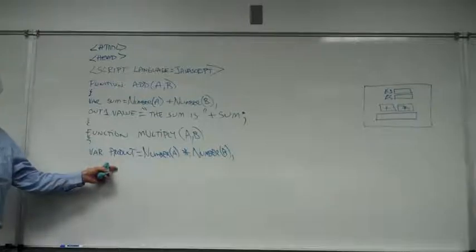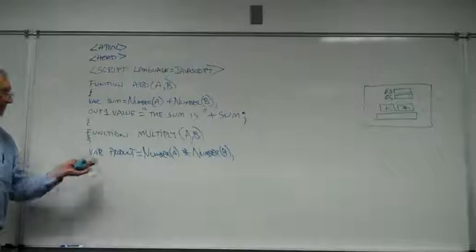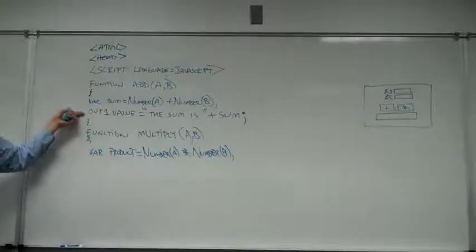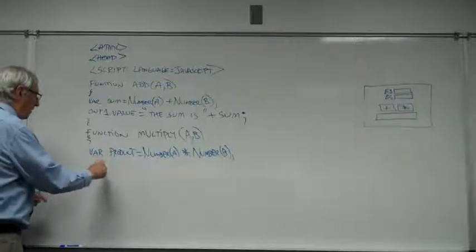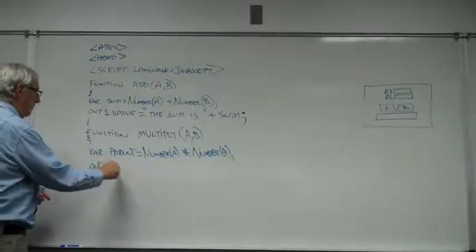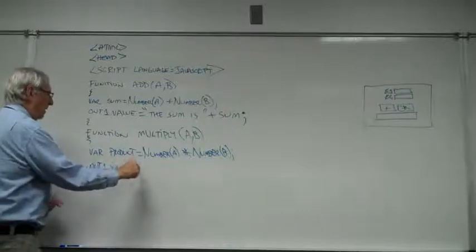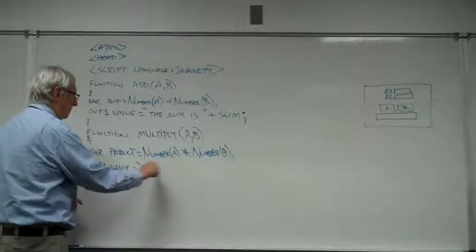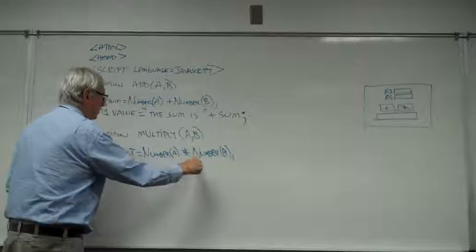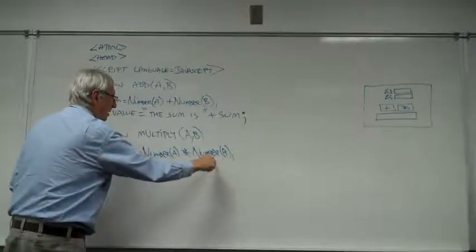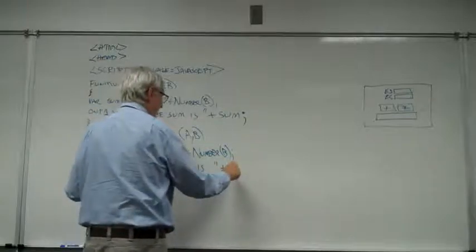I made up this variable called product, and I multiplied those two numbers and put the answer into product. I'm going to do the same thing I did here. I send it back out to the same area. So I say, L1 dot value is equal to "the product is " plus product.